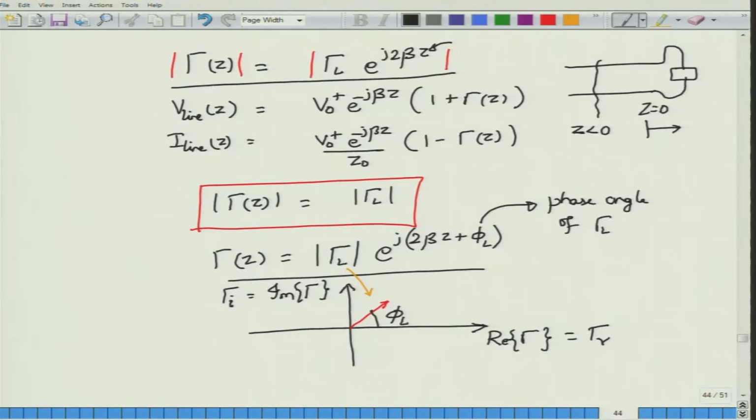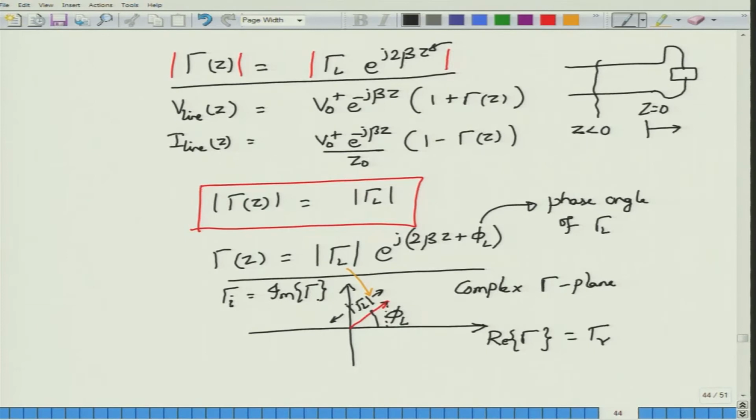That angle will be the phase angle phi L. So, what we have successfully done is to represent the polar form of the reflection coefficient at the load in the complex gamma plane. If you project this line onto the real and imaginary axes, you will end up with the values of gamma L r and gamma L i, which is very obvious, so we will not write that at this point.